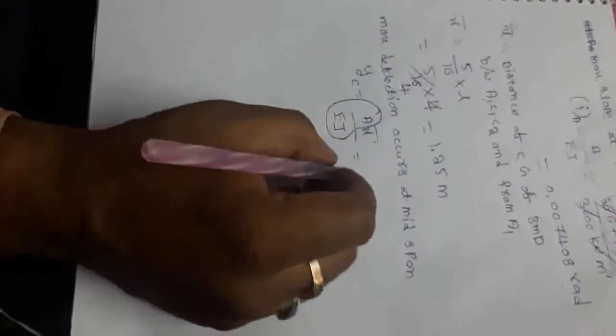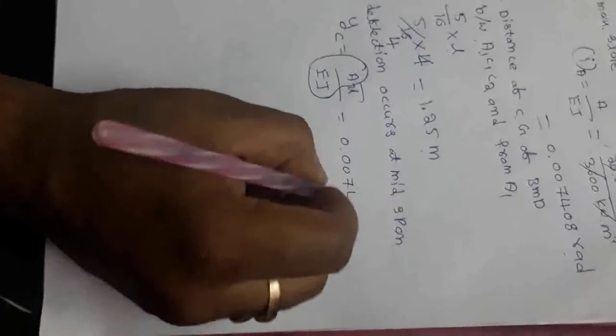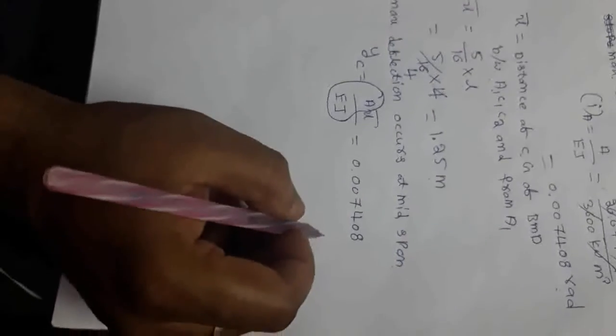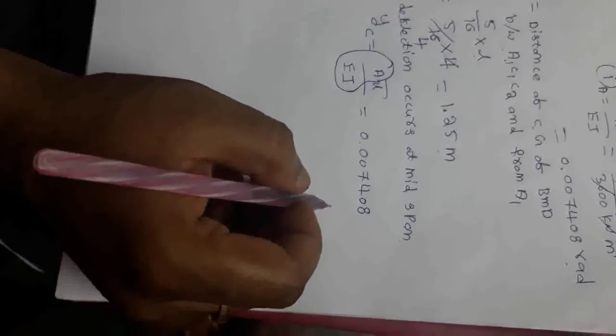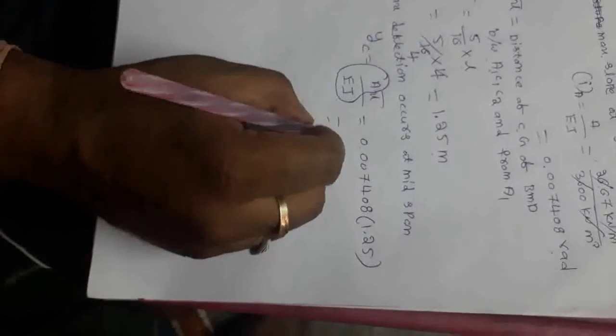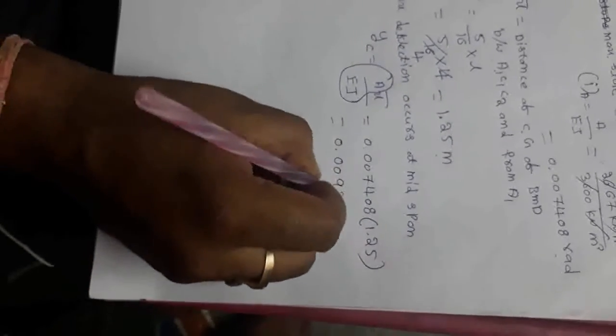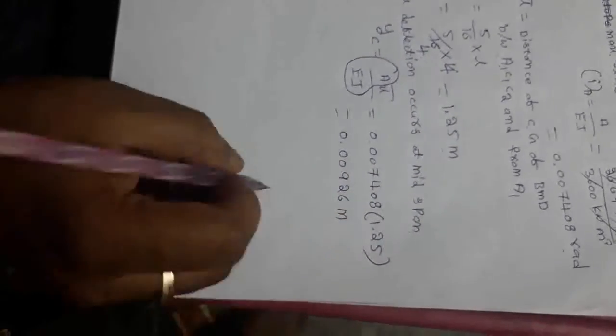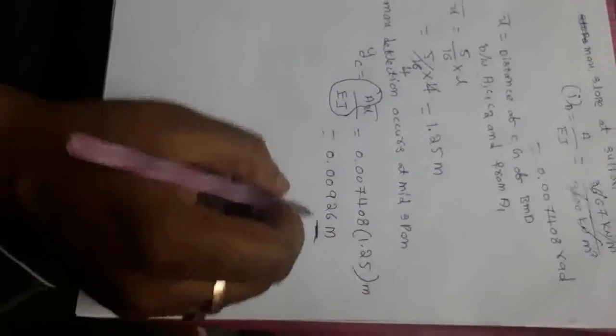You already know the value of A by EI, that is 0.007408, and the x bar answer is 1.25. Multiply with x bar, you get 0.00926 meters. Why? Because x bar is substituted in meters, so you get the answer in meters.